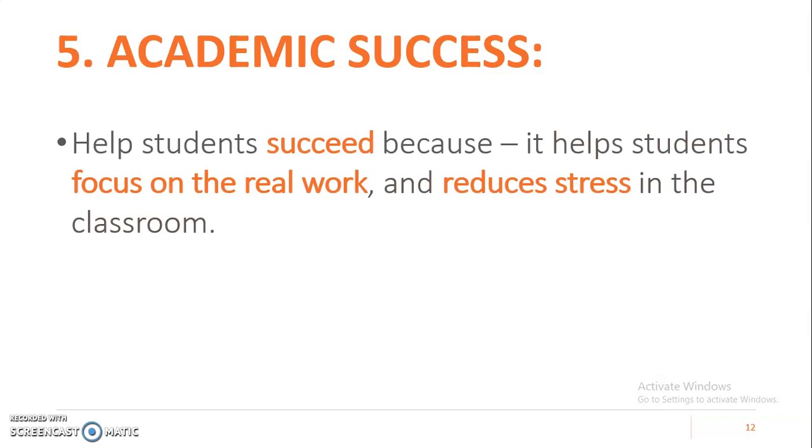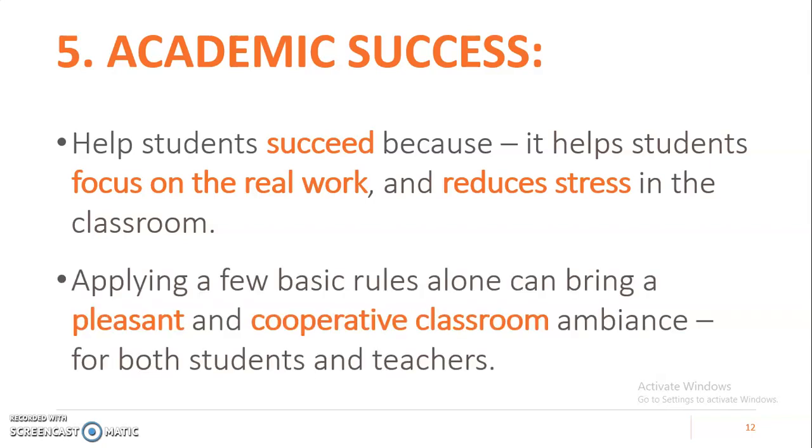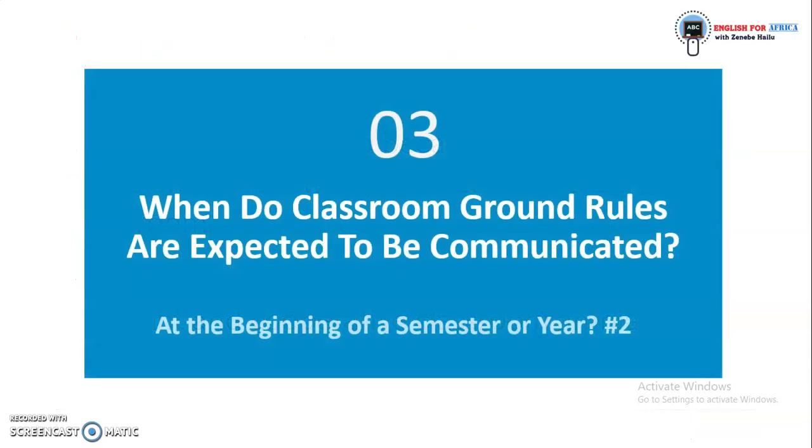That means it helps students succeed because it helps them focus on the real work and reduces stress in the classroom. Therefore, applying a few basic rules alone can bring a pleasant and cooperative classroom atmosphere for both the students and teachers.